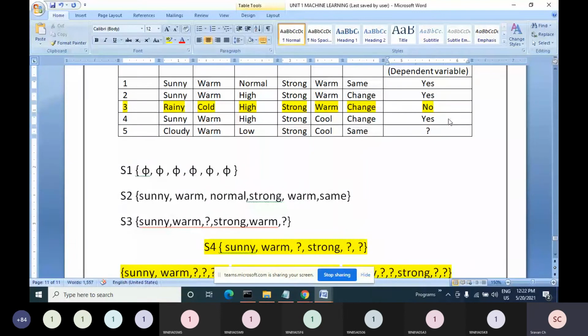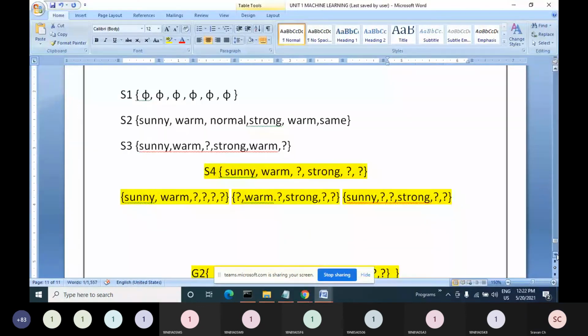For these kinds of predictions only we are creating hypotheses. Now why convergence is important: suppose I ask you, if these are the values of 6 parameters, tell me whether the output is yes or no. In order to answer this question, you have to use the hypothesis.